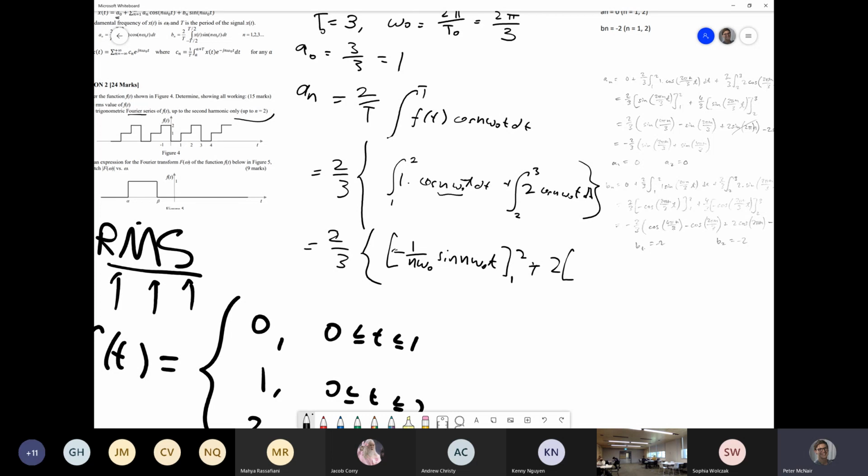I beg your pardon, not sine. Derivative of sine is cos. Yep. Sorry, not negative sine. And then 2 on n omega naught sine of n omega naught t from 2 to 3. Any questions or worries with the integration?